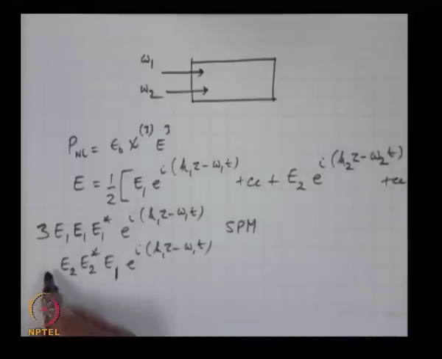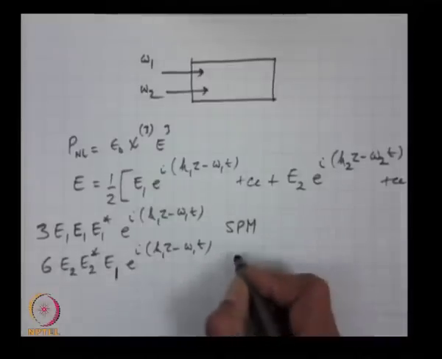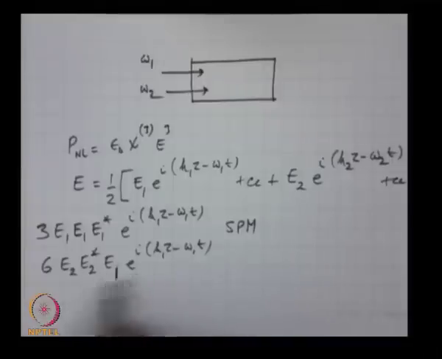What will be the factor? 6abc. This leads to a nonlinear polarization at frequency omega 1 because of the presence of omega 2.